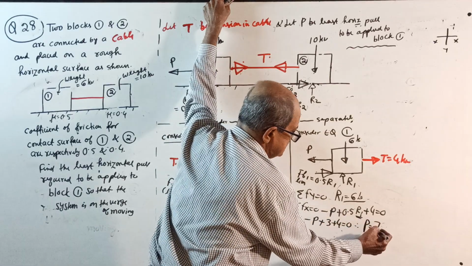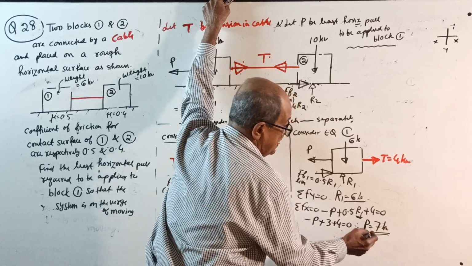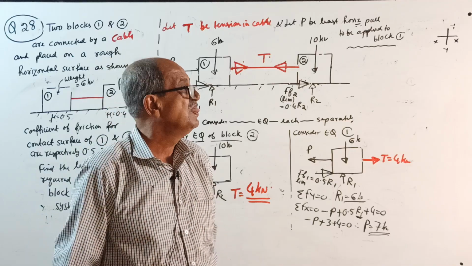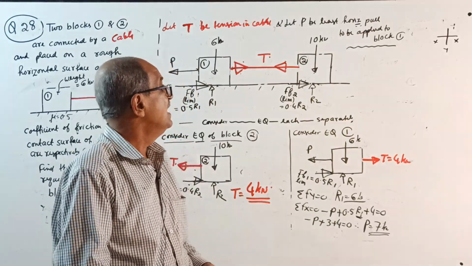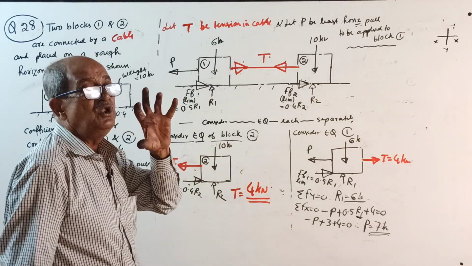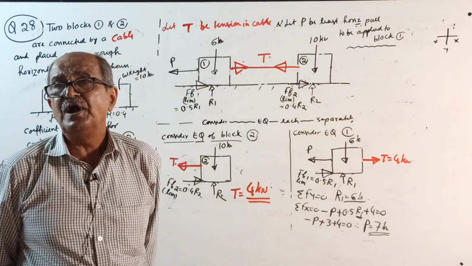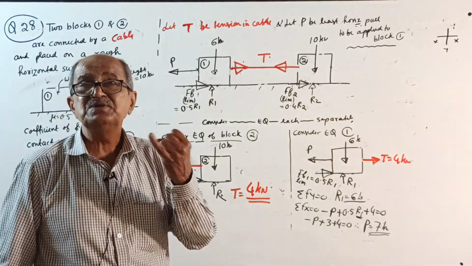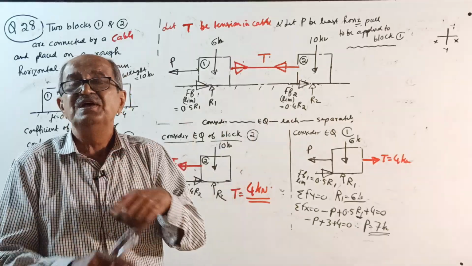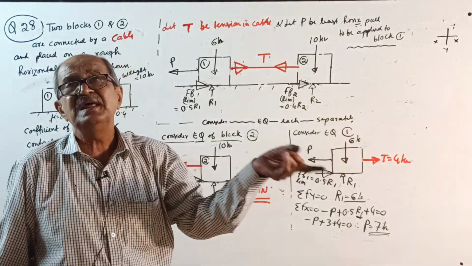So P equal to 7 kilonewton. So I rotated the same question 5 times. In one question I gave mu for one of the blocks and asked to find mu for the other block. Next question, the other block's mu given, so you interchange. If last time 1 was given, this time 2 is given.